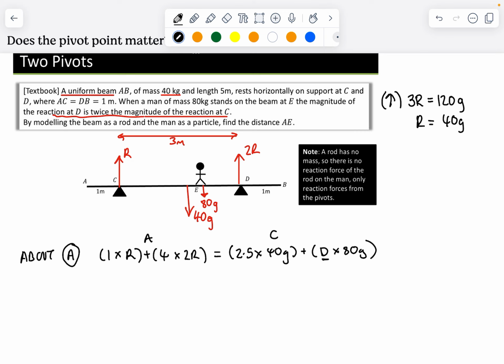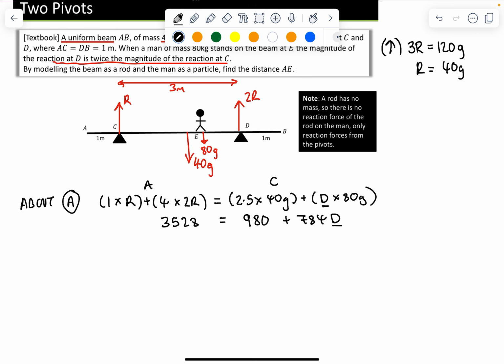Right, now 1R and 4 times 2R, that gives me 3,528 newtons. And then on the other side, 2.5 times 40g gives me 980. And when I do 80g times D, that gives me 784D. Right. Now I want to find out what D is. So I subtract my 980.